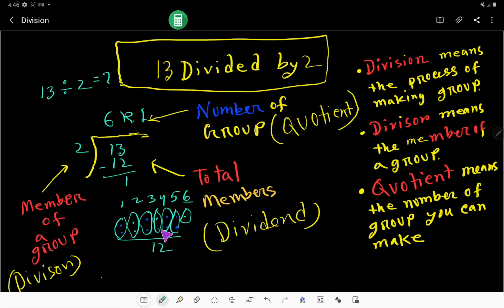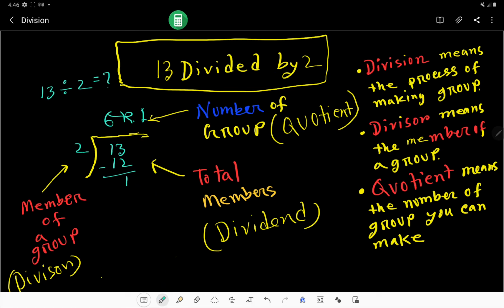Sometimes it is not possible to make groups in this way, so for this we use the multiplication table. Let me help you write the multiplication table.